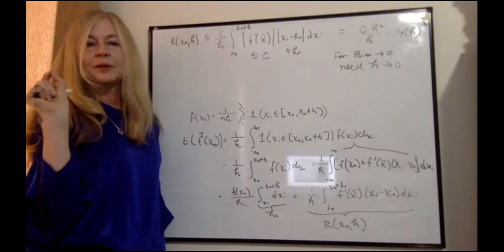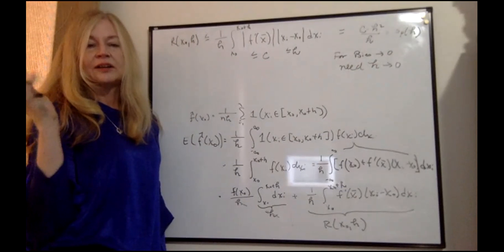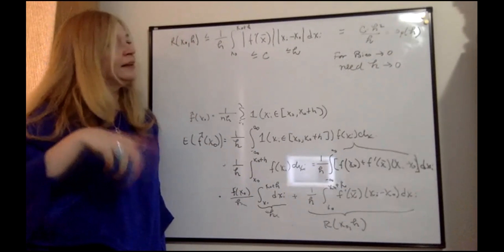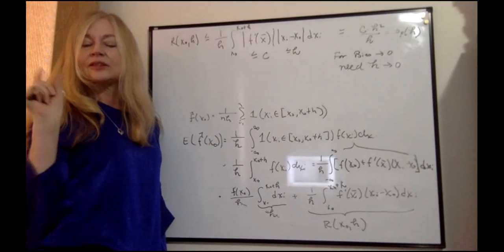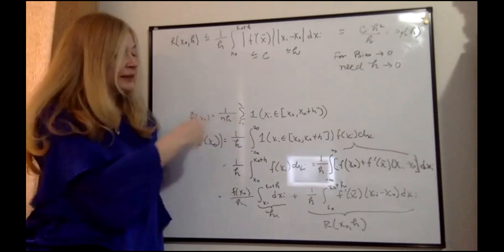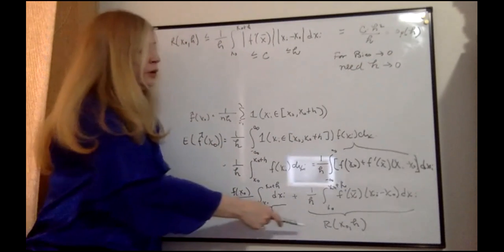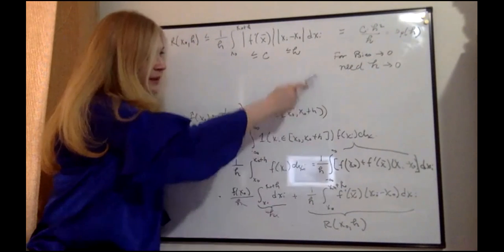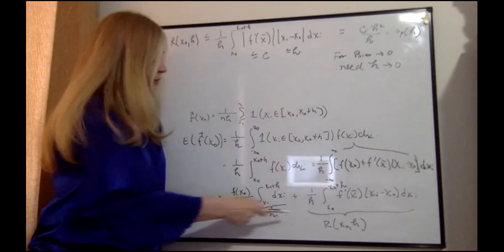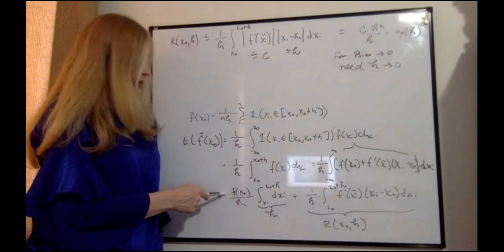That might seem intuitive, and I think software like R does that automatically: if you have a larger data set, it automatically makes the histogram finer. But this says formally that for that to be a consistent estimator, we need the bandwidth to shrink to 0, and then the remainder term shrinks to 0. In that case, the expectation is just f of x naught.